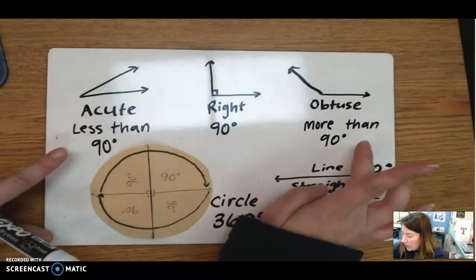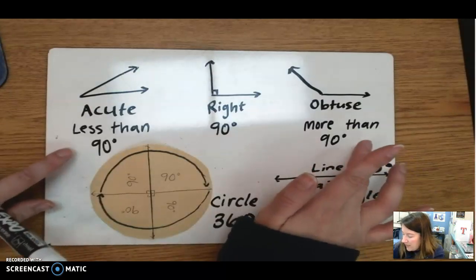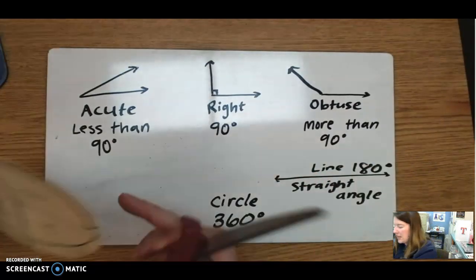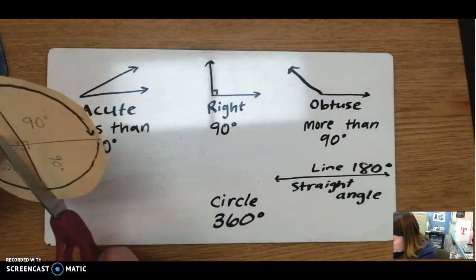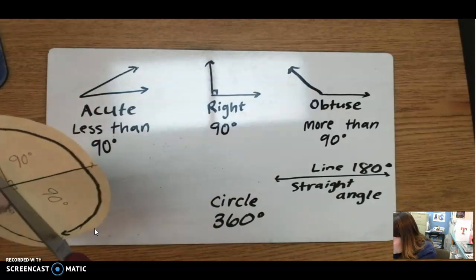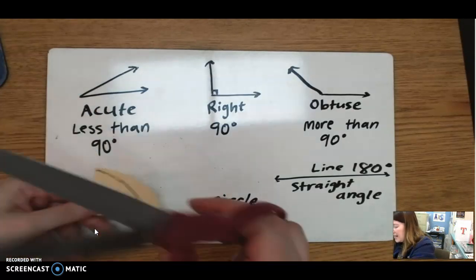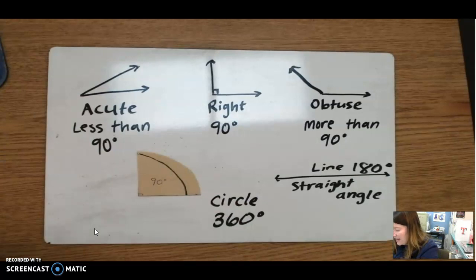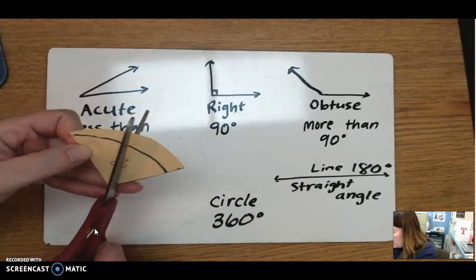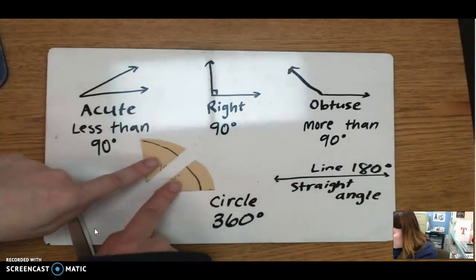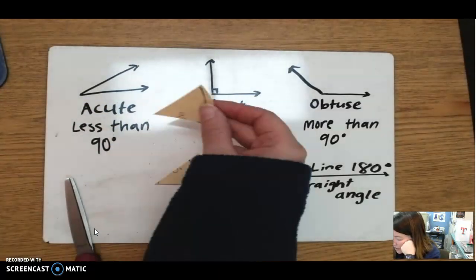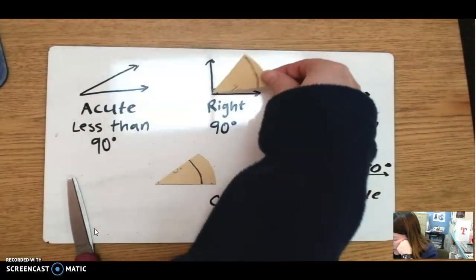Now we're going to learn how to measure different acute angles and different obtuse angles. Because what you'll see, I'm actually going to cut one of these 90s out for us. So let's say I have this 90-degree angle, right? If I cut this and make it smaller, I now have acute angles. These are two acute angles. And I know this is acute because it's smaller than 90 degrees.